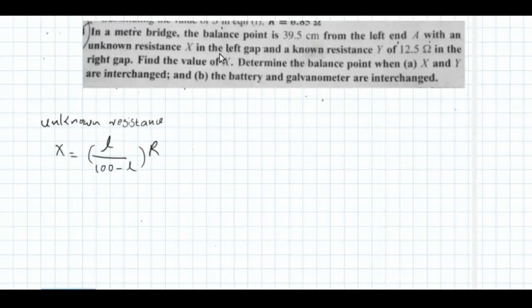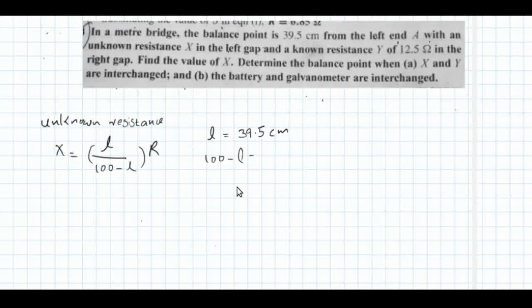L is the balance point on the wire for an external resistance of R. This equation comes from the Wheatstone's condition of P by Q is equal to R by S. If you remember, that is X by R is equal to L by 100 minus L. That is the Wheatstone's condition when a meter bridge is used. From that we can find the unknown resistance, and L is given, the balance point, which is 39.5 centimeter.